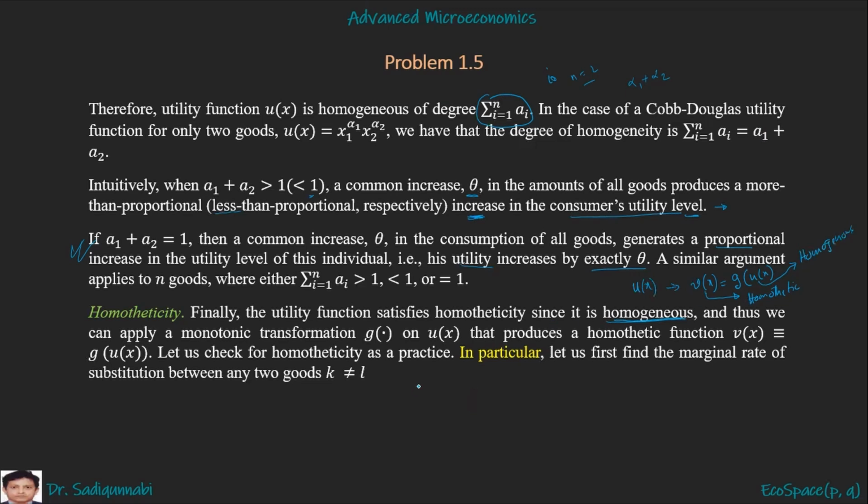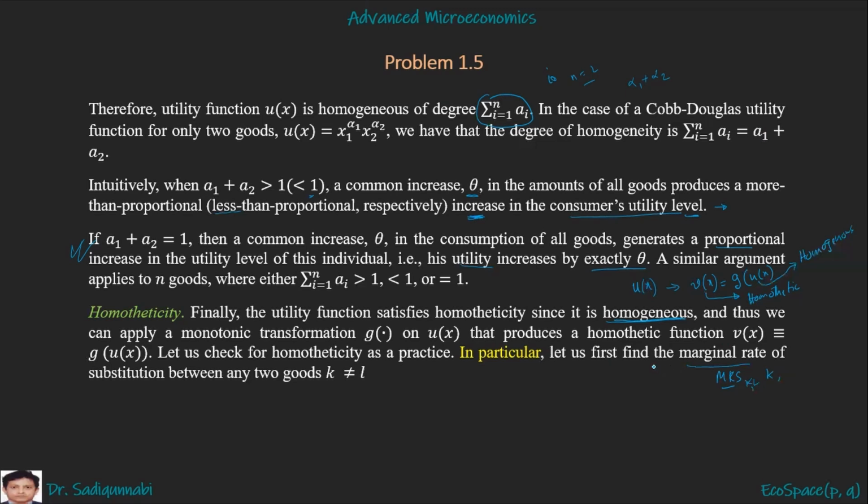Now, there is a simple way to check homotheticity in practice. We have to find the marginal rate of substitution, MRS, of any two goods, suppose good K and good L. So MRS KL.